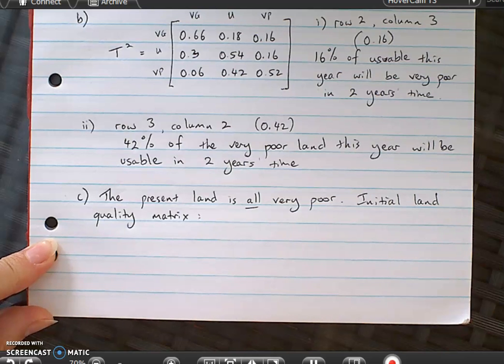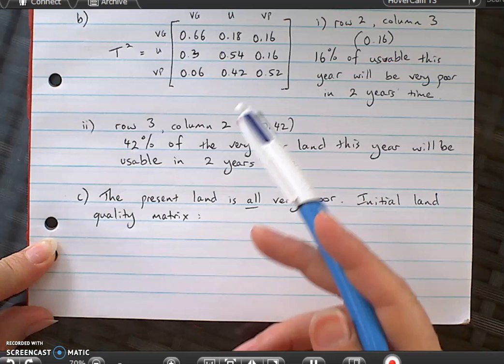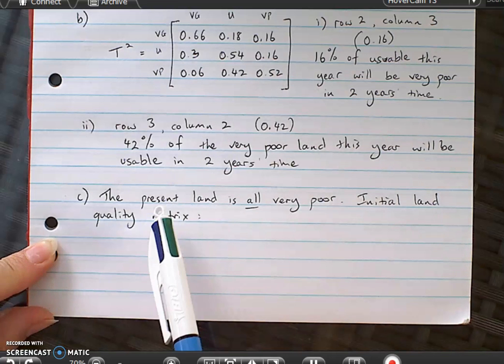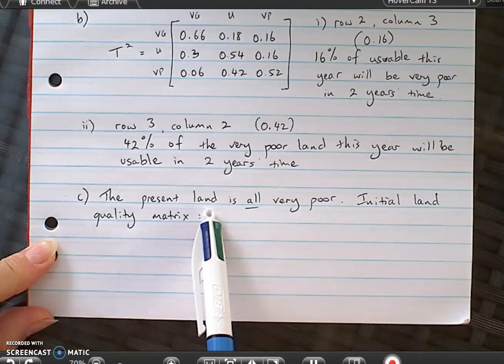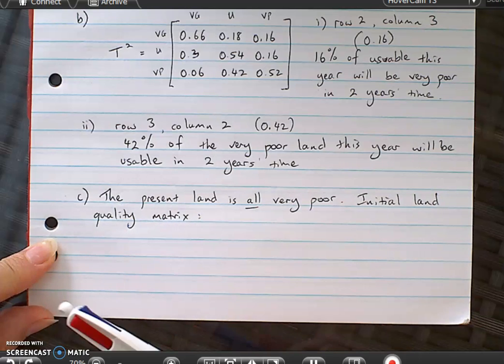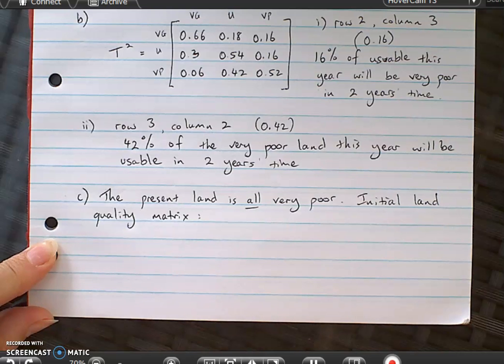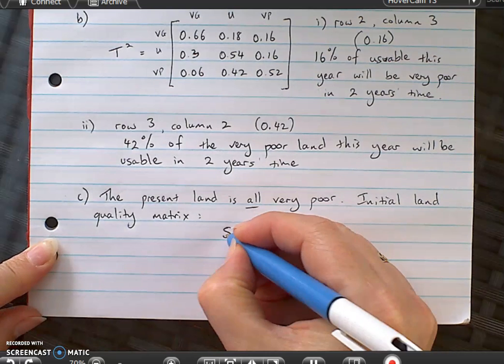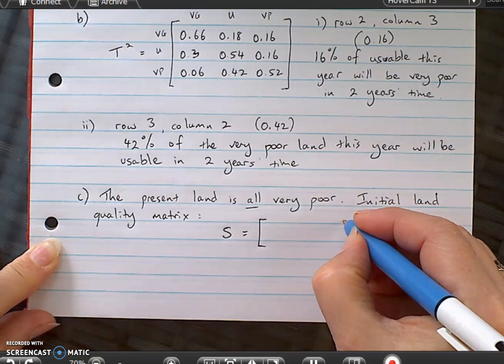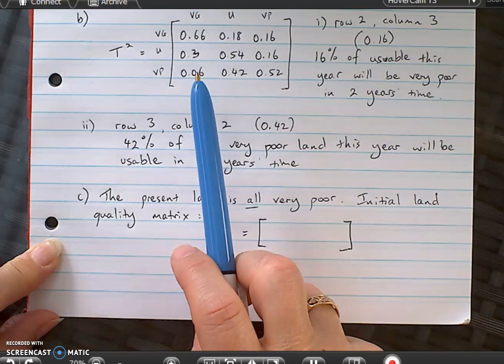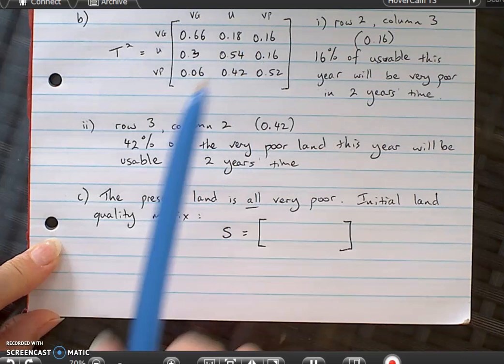Okay, the next part of the question is, what is the initial land quality matrix? So when they ask you that, you know you've dealt with T before. Now you go up to a new matrix and they give you a sentence about what the present situation is. It always starts with S, and you're going to have 3 numbers, one for very good, one for usable, and one for very poor.